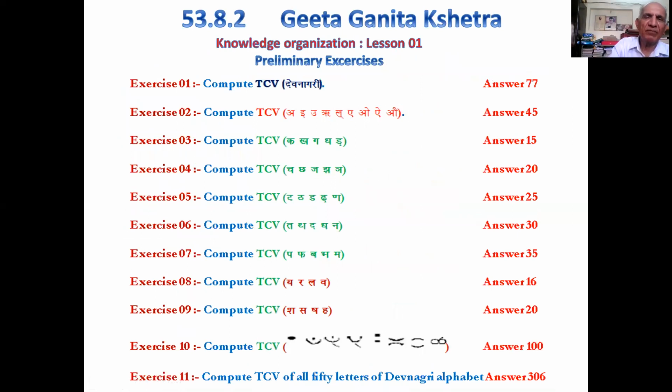So one shall go through these exercises of computing TCV of Devnagri, TCV of the 9 vowels, TCV of the first row of 5 letters, second row, third row, fourth row, fifth row, Anthastha letters, Ushmana letters, Yama letters, and finally one shall compute the TC values of all 50 letters of the Devanagari alphabet, and its value will come to 306.